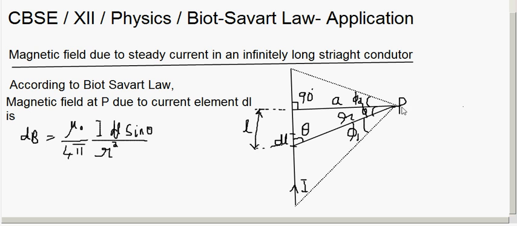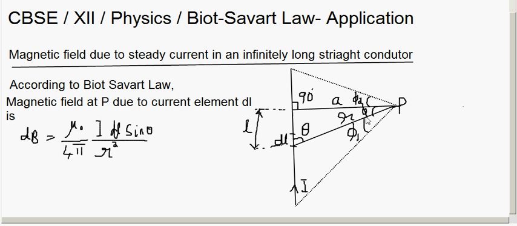Phi 1 and phi 2 are the angles from point P to the ends of the conductor. Now we have dB in terms of I dl and sin theta by r square. Let us rewrite this equation so that we can integrate from phi 1 to phi 2 to find the total magnetic field due to the whole conductor, because from P, if I draw a line to one end of the conductor, it makes an angle phi 1. Similarly, on the other side, it makes an angle phi 2.